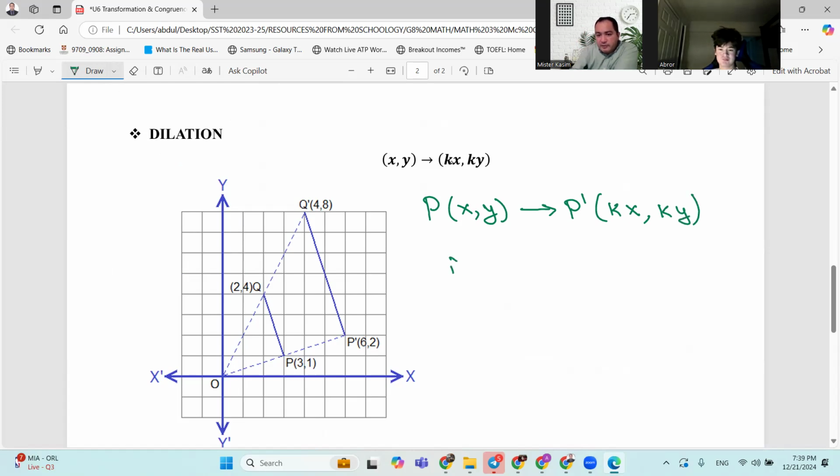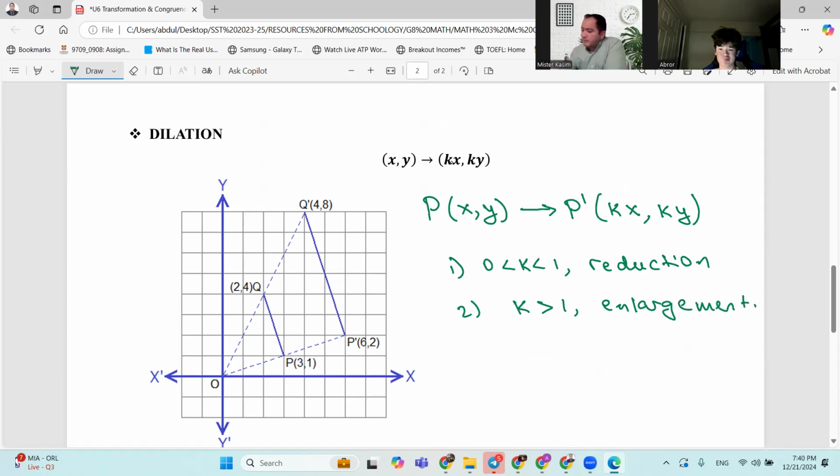Number one, if k is between 0 and 1, the figure reduces. It gets smaller. And the second one is if k is greater than 1, then it gets larger. We call this enlargement. That's the idea.